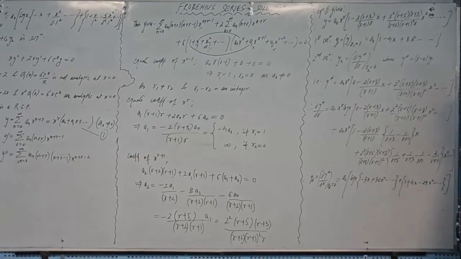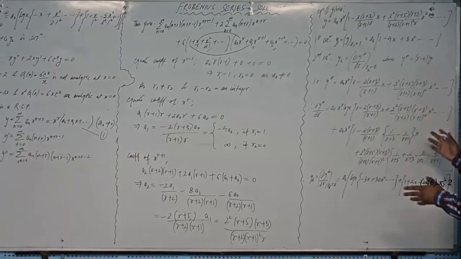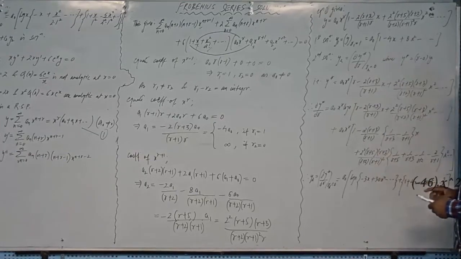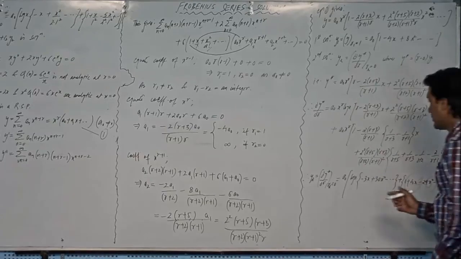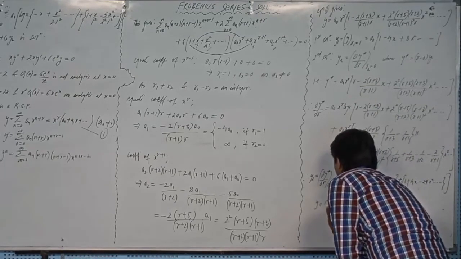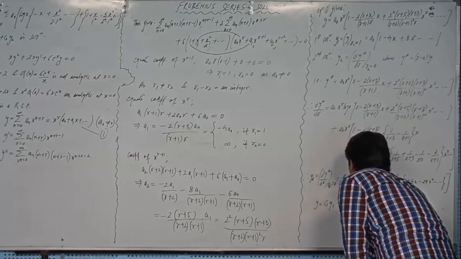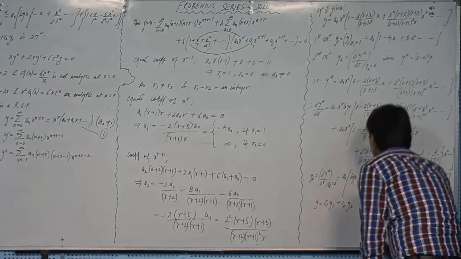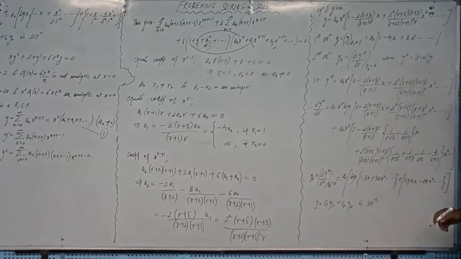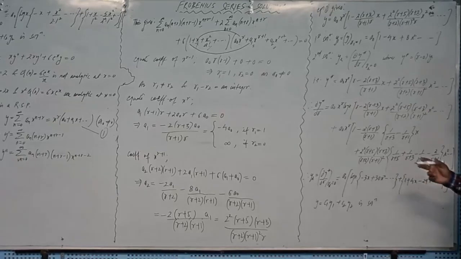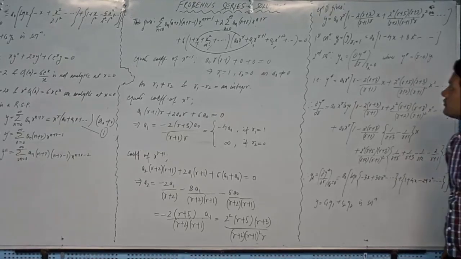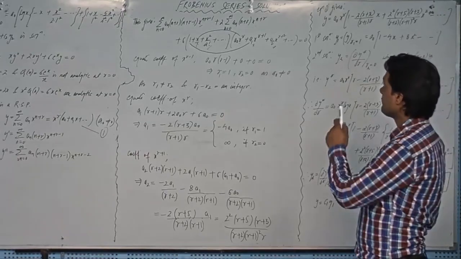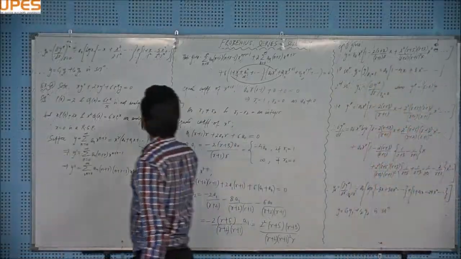So this is the second solution, and the linear combination of these two solutions, y1 and y2, will be our solution, right? So y is equal to c1 y1 plus c2 y2 is the solution, right? Okay, so this is it for the Frobenius series method in case when the root becomes infinite, right?